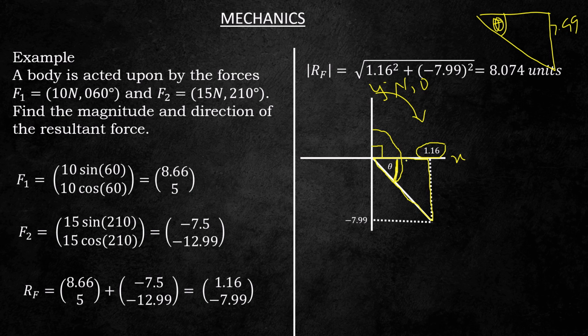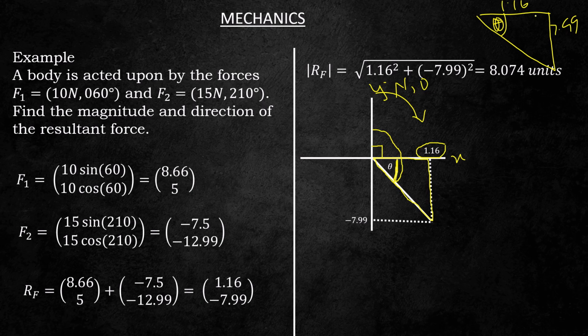Then the length of this side over here is 1.16. So I have a triangle with theta, the adjacent is 1.16 and the opposite is 7.99.